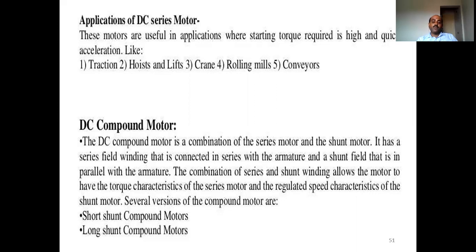Several versions of the compound motors are there. This DC compound motor is basically a combination of a series motor and a shunt motor. In the shunt motor, the field windings are connected parallel to the armature, whereas in the series motor they are connected in series with respect to the armature.